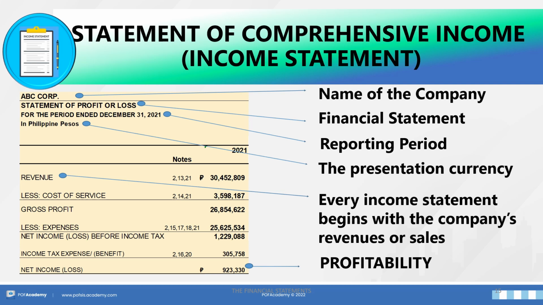Here, in our example, the company ABC Corp is a seller of services. After deducting the cost of service, operating expenses, as well as tax expenses, we arrive at net income. In this example, we have 923,330 as net income.